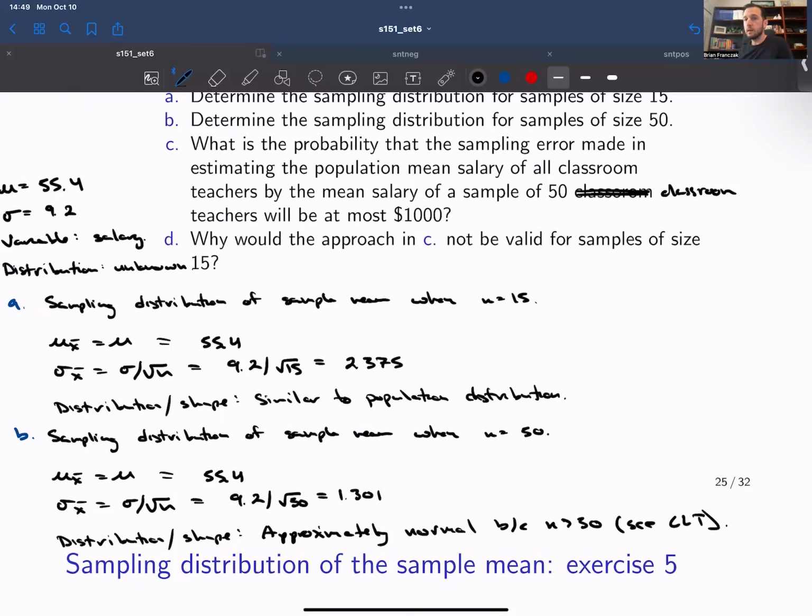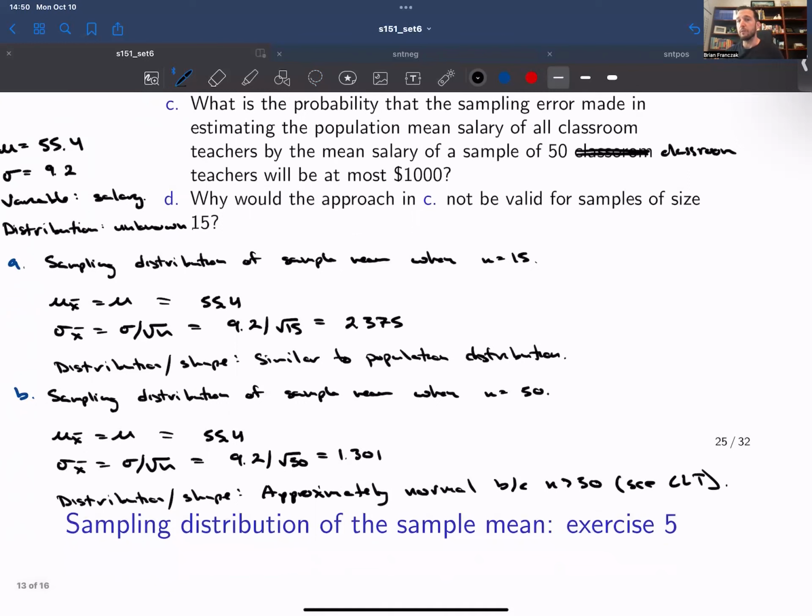So in part B, just by increasing the sample size, we can now write down the shape of the distribution of the sample mean. Because of the central limit theorem, the increase in sample size to 50 meets the criteria that n must be bigger than 30, which means that we can now say that the sampling distribution of the sample mean is approximately normal.